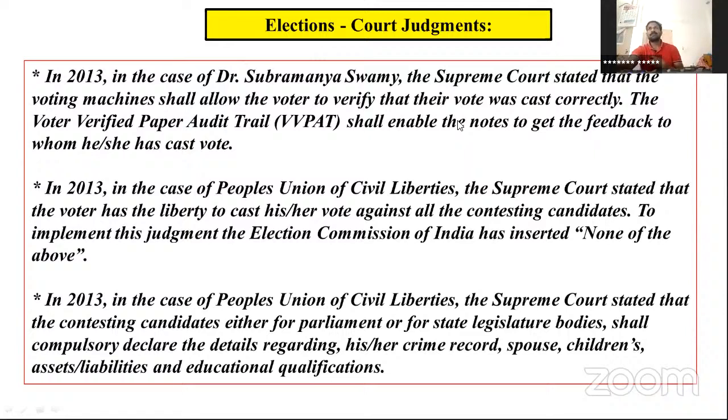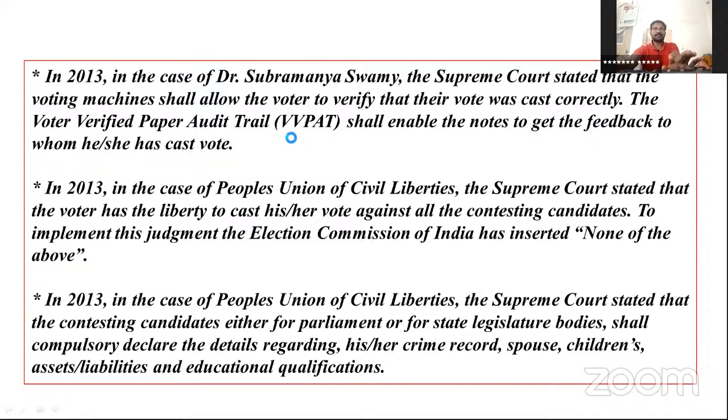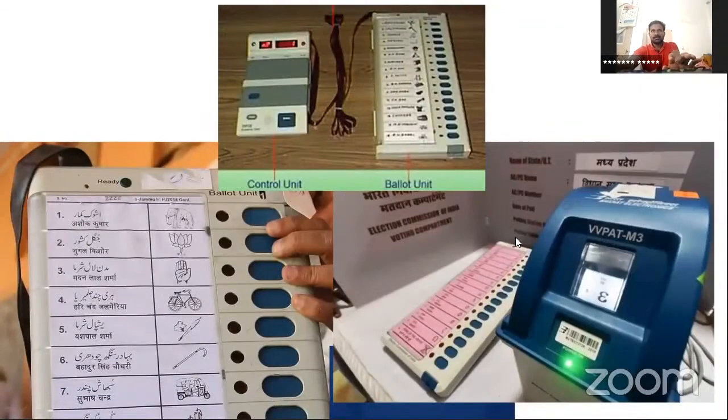The possibility of the voter verifying. What is that? That is a new thing introduced, the voter verified paper audit trail. In this case, we are using this one. What is this? The VVPAT machine. Look at this picture.